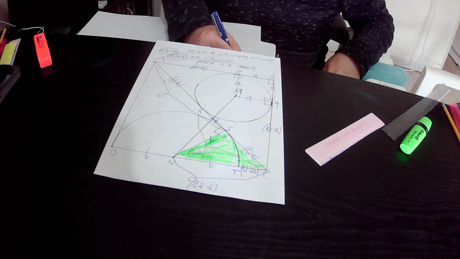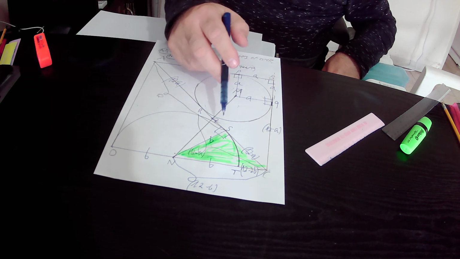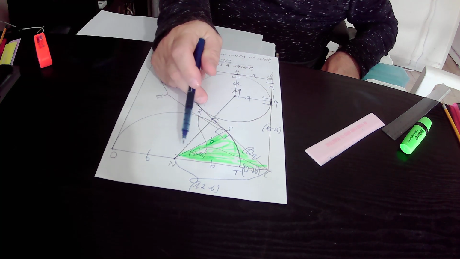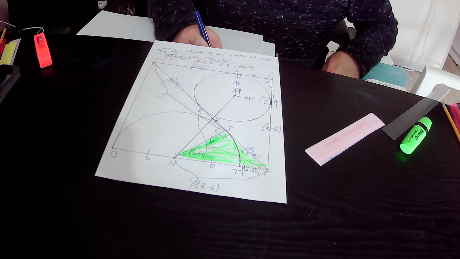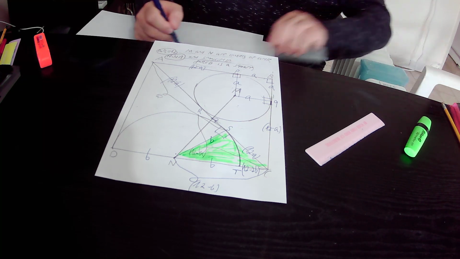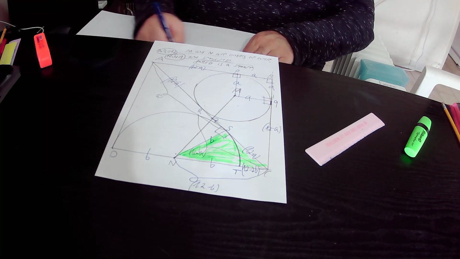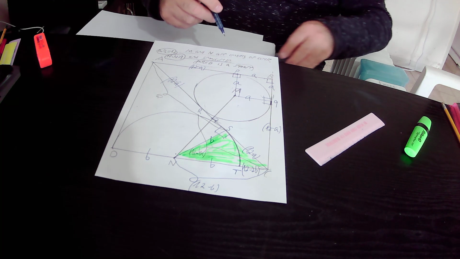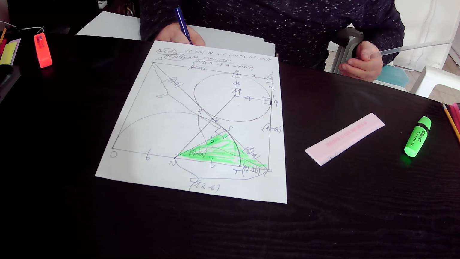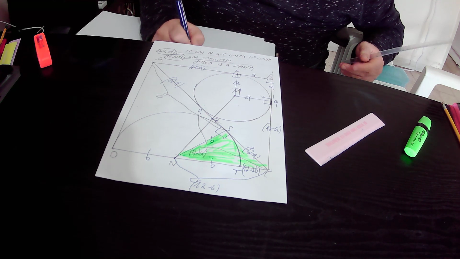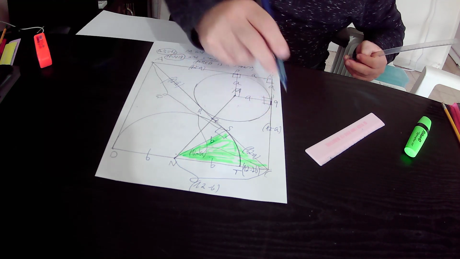The hypotenuse of the right green triangle NSC is NC. Therefore, NC squared must be equal to NS squared plus SC squared.